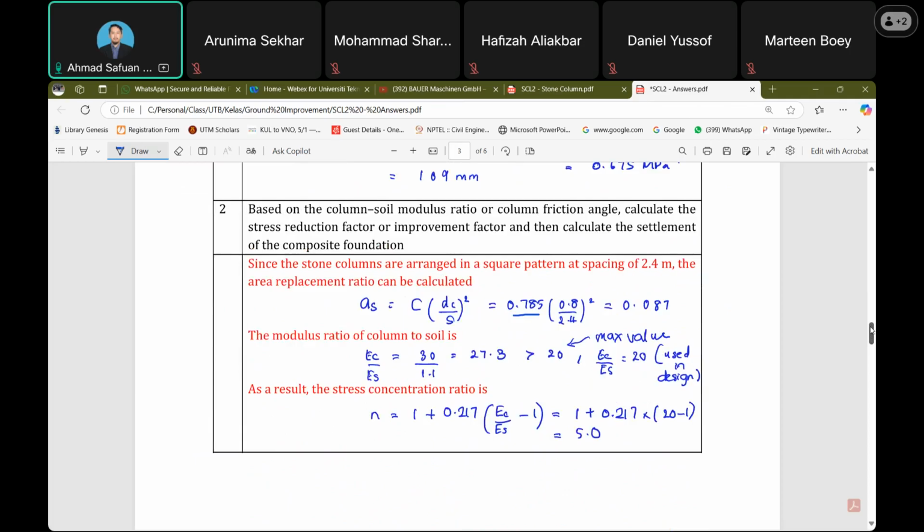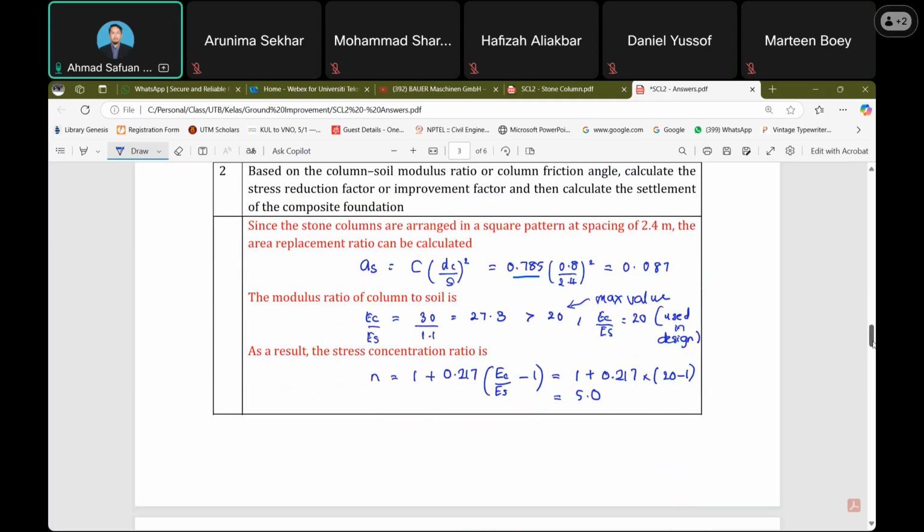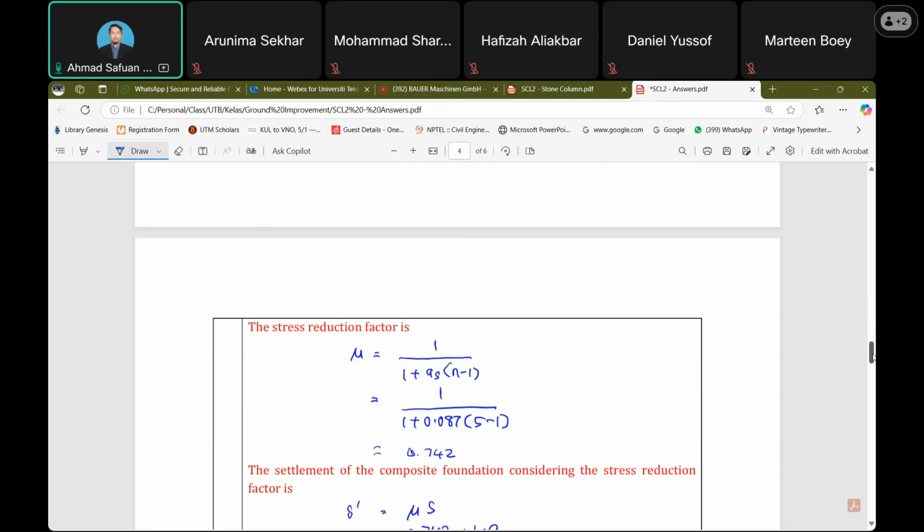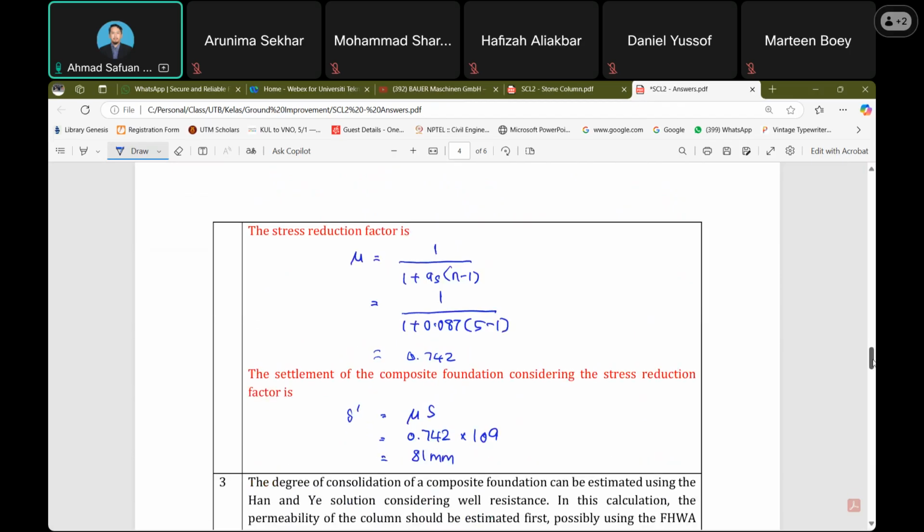So we keep it at 20, then we put the 20 in the stress concentration ratio. So N is equal to 5.0. From there, we can determine the stress reduction factor, which is 0.742. The settlement of the composite foundation, considering the stress reduction factor, is equal to 81 millimeter.